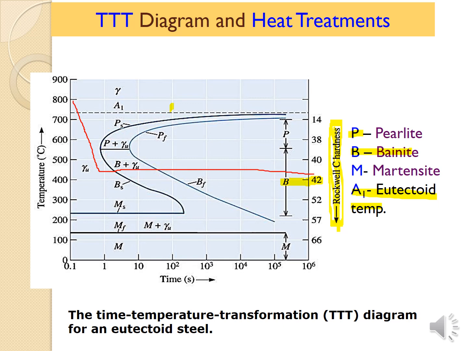It's a little bit above 42, but you know the idea, right? It should be at 400 degrees Celsius, and then hold it until the transformation finishes, and your final alloy will have a hardness of 42 HRC.